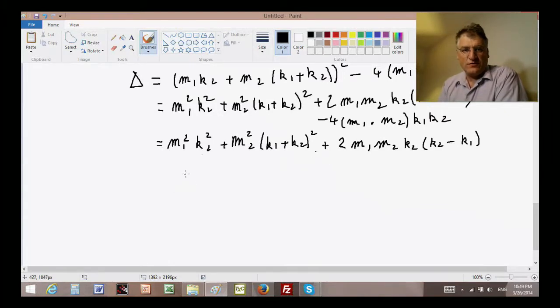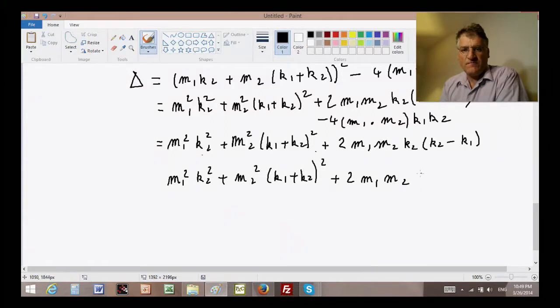This is equal to m1 squared k2 squared plus m2 squared times k1 plus k2 squared plus 2 m1 m2, and what we're going to say is that we're going to call it k2. Okay, I know what we're going to say.